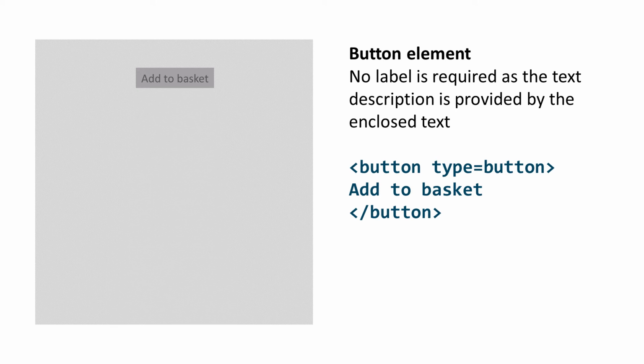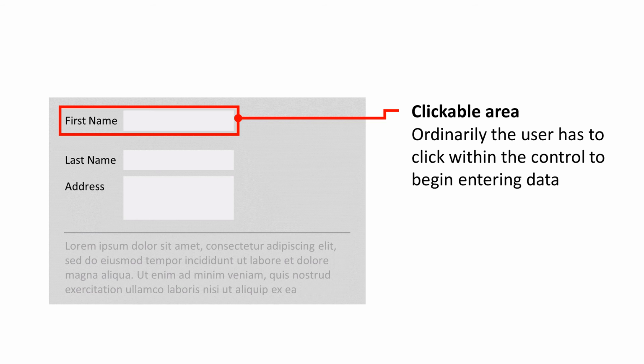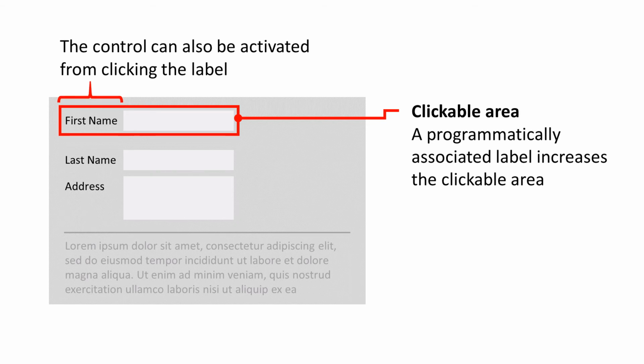An additional benefit of programmatically associating a label to a form control is it provides a larger clickable area for the control. Rather than just clicking within the control to activate it, the activation can now happen from either the label or the control, which is especially helpful for users with dexterity problems as it presents a large clickable area.